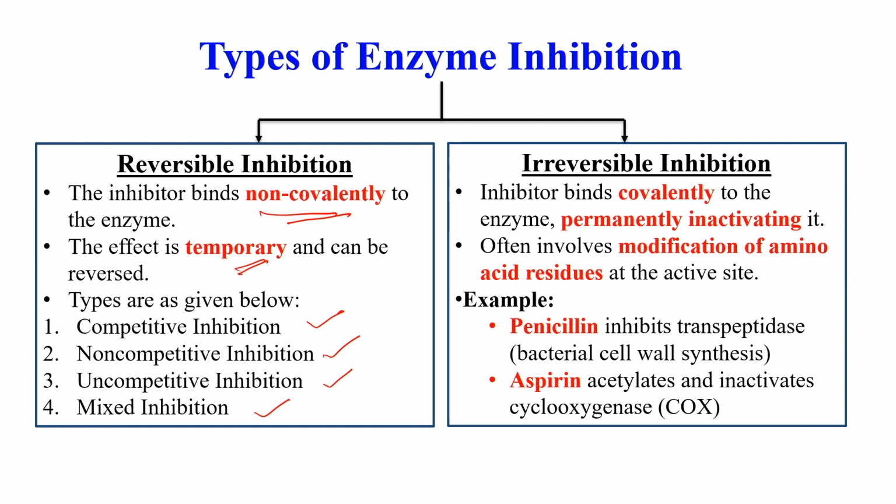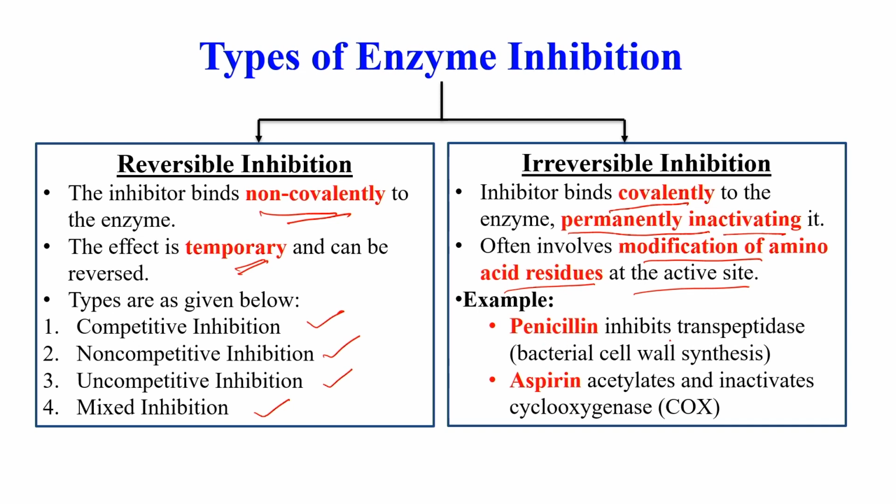In addition, there is irreversible inhibition, when the inhibitor is tightly bound through covalent interaction and permanently inactivates the enzyme. It often involves modification of an amino acid residue at the active site. Once the active site has been altered, your enzyme becomes non-functional.